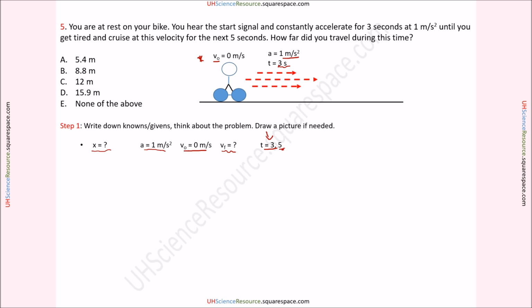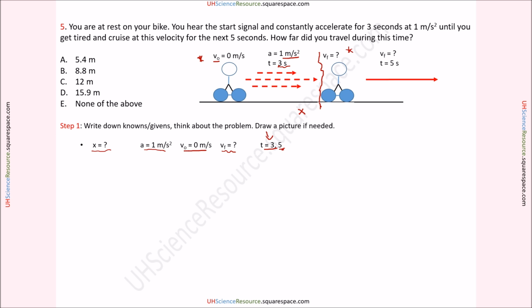So we can divide this problem into 2 parts. After 3 seconds of accelerating, we're at some speed, but we decided not to accelerate anymore because we're tired, and so we're cruising along at whatever speed that is for the next 5 seconds. And that's shown right here. And it's asking us, what is the distance during this whole time?